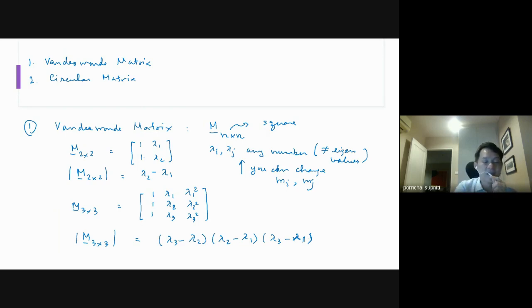Similarly, if you expand this Vandermonde matrix all the way to the size of n by n, you get something like this: the matrix is equal to 1, 1, 1, then lambda 1, lambda 2, lambda 3, all the way to lambda n, and so on.